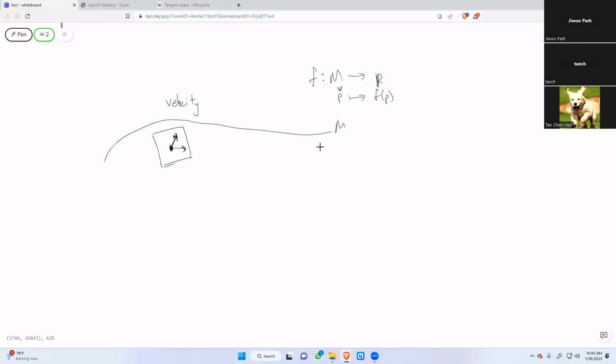Right now we are unable to define the derivative of this function, because we just have a point P and it currently has no knowledge of its neighbors.